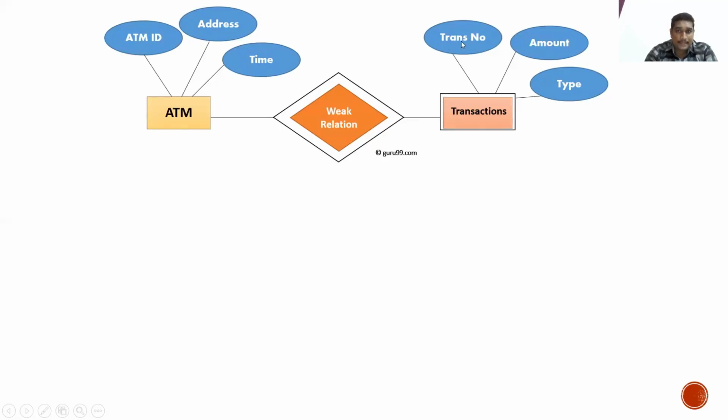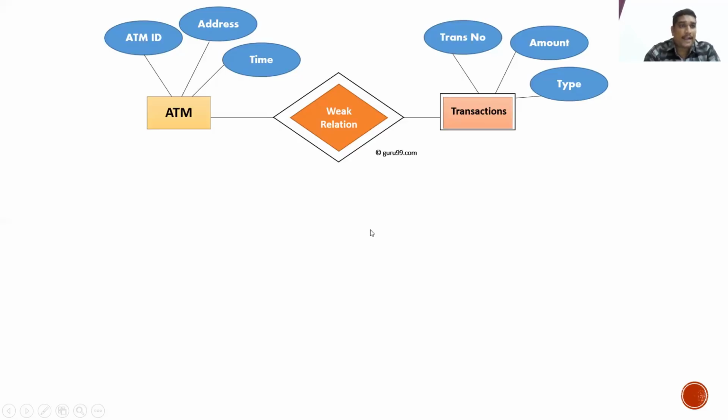So this entity or these attributes depend on this attribute. So this is a strong entity, this is a weak entity. This weak entity depends on this strong entity. So this relation is a weak relation.